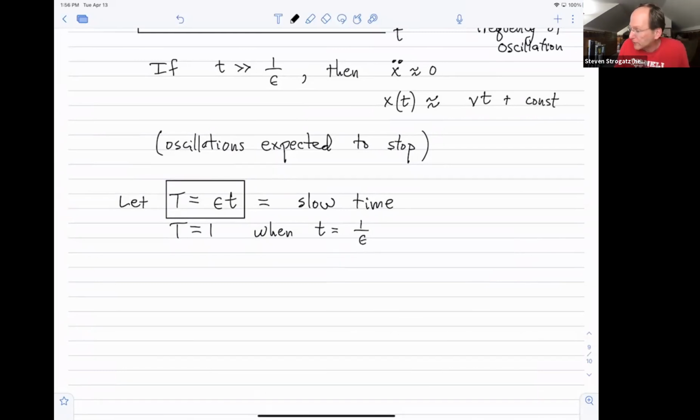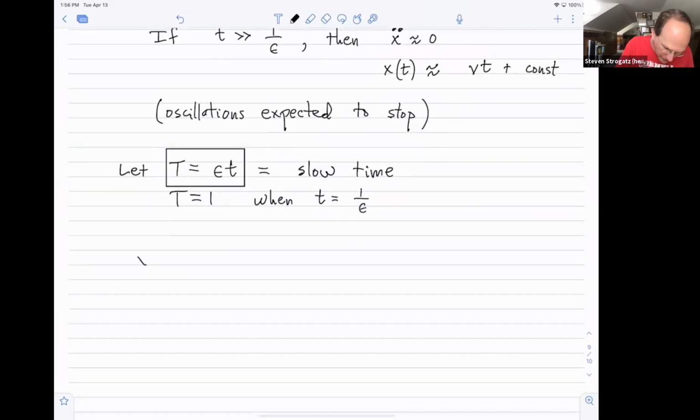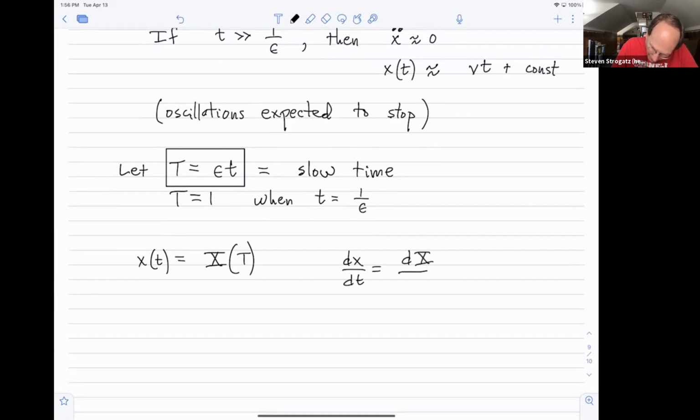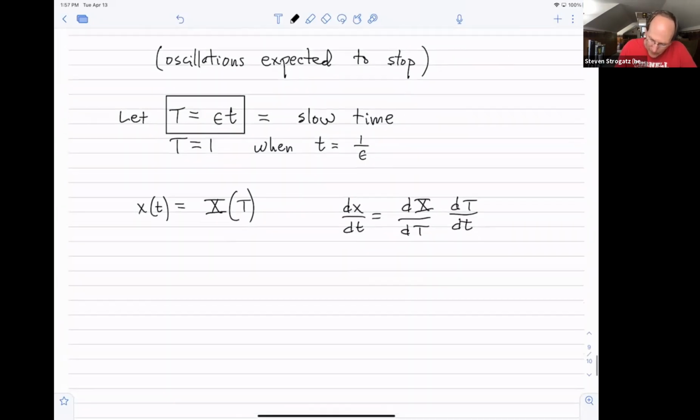Okay, in terms of this new variable, big T, what happens to our equation? I'm going to think of x of t as some slow variable, some variable that depends on the slow time, big X of T. Then to transform derivatives, my original dx dt I can think of as dX dT times dT dt, and that brings in an epsilon.